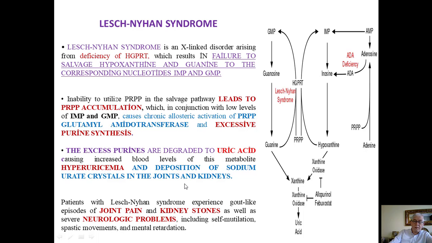The excess purine is degraded to uric acid, causing increased blood levels of this molecule, hyperuricemia, and deposition of sodium urate crystals in the joints and kidneys. The main problems in Lesch-Nyhan syndrome are, first, gout-like episodes of joint pain and kidney stones, as well as severe neurologic problems, and also increased uric acid level, hyperuricemia.